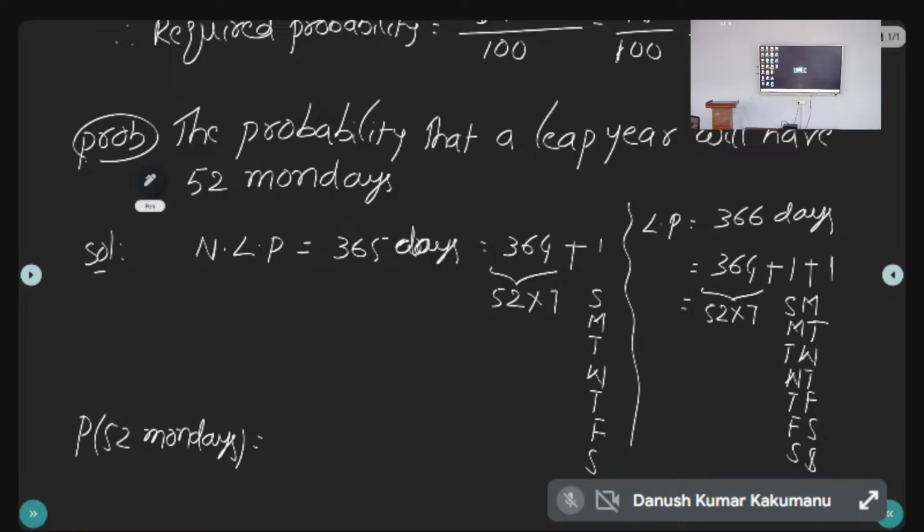Suppose the 364th day ends with Saturday, then Sunday, Monday follow, so a 53rd Monday is there. If the 364th day ends with Sunday, a Monday possibility is there too. Clearly there is a possibility of a 53rd Monday here.